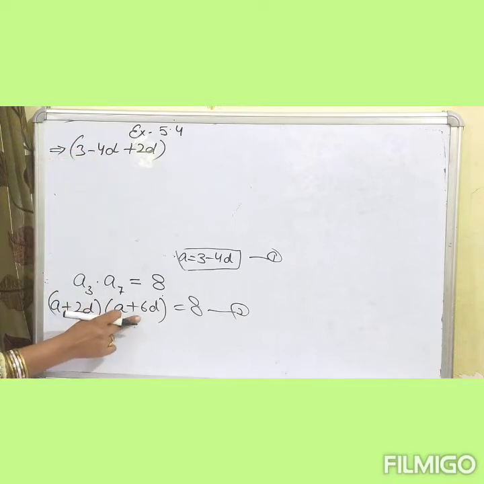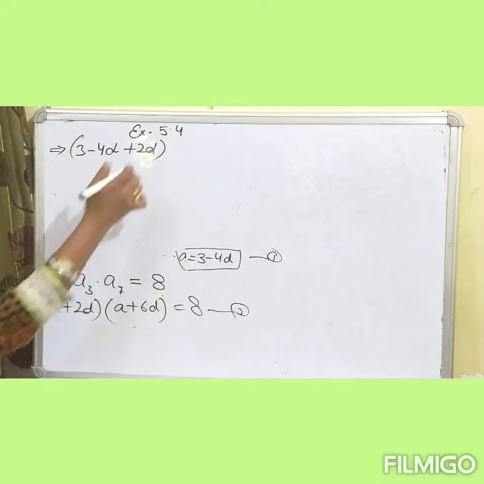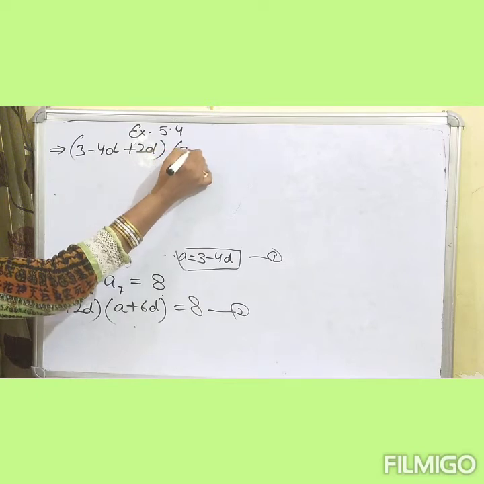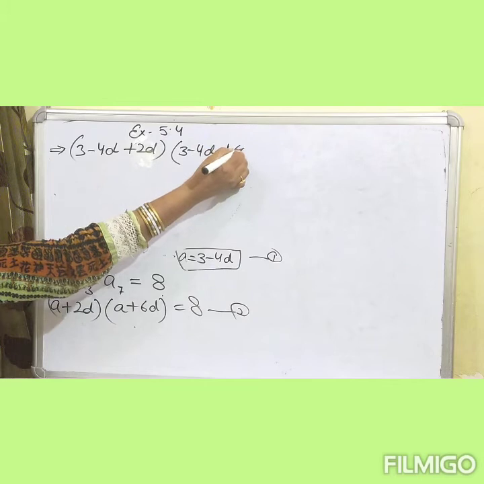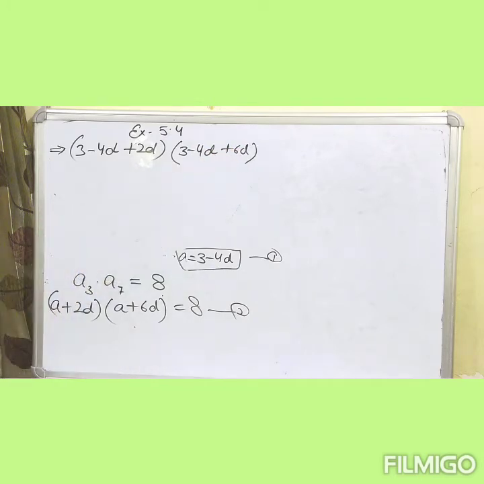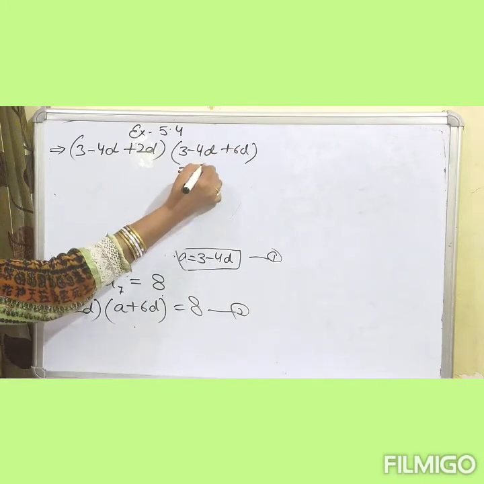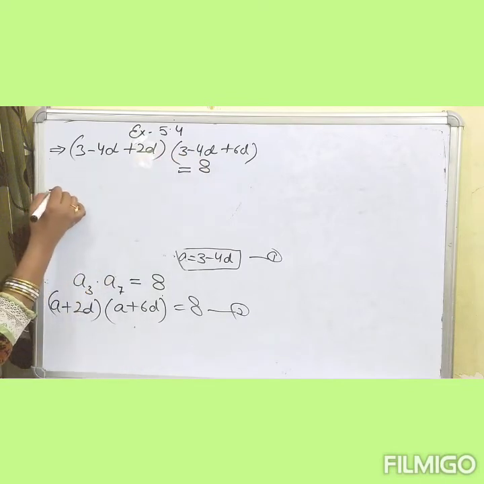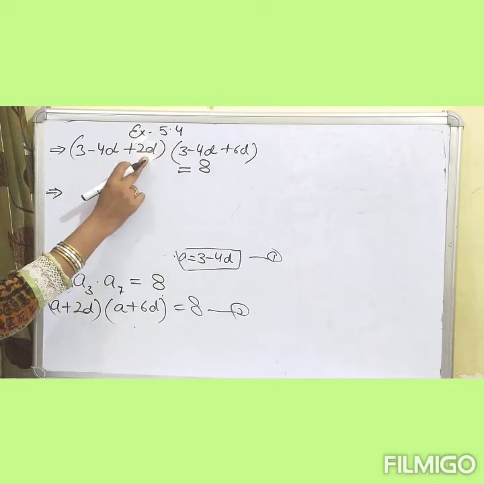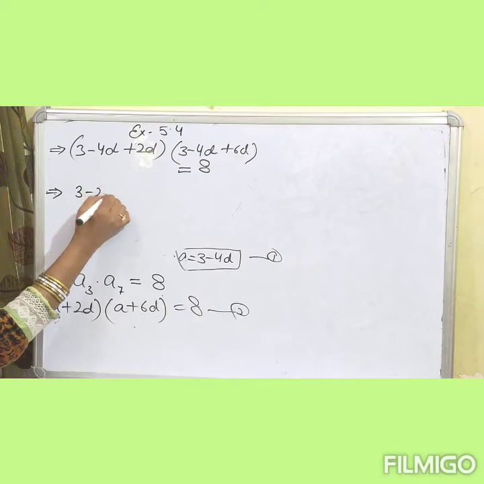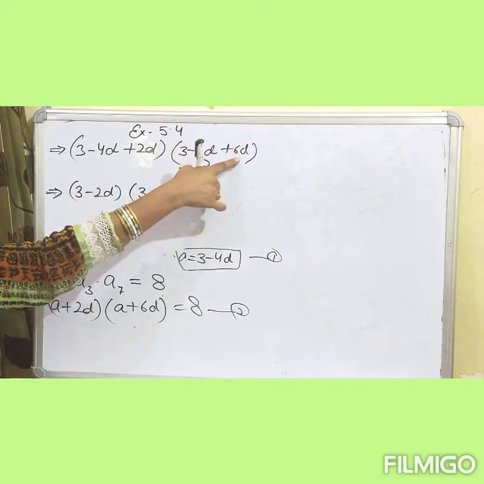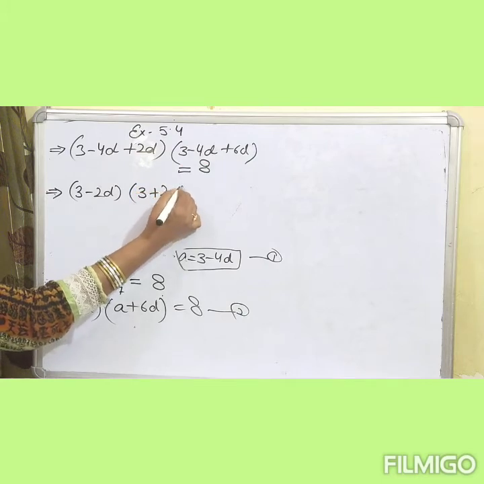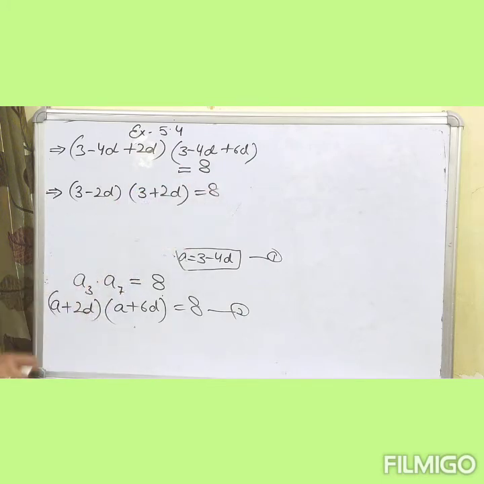Now for A plus 6D, again put the value of A: 3 minus 4D and plus 6D, and this is equal to 8. Now minus 4D plus 2D will be minus 2D, and minus 4D plus 6D will be plus 2D, equal to 8.